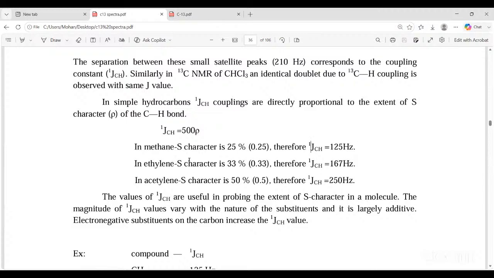And in ethylene, the S character is increased from 25 to 33% in the sp2 hybridization, right?